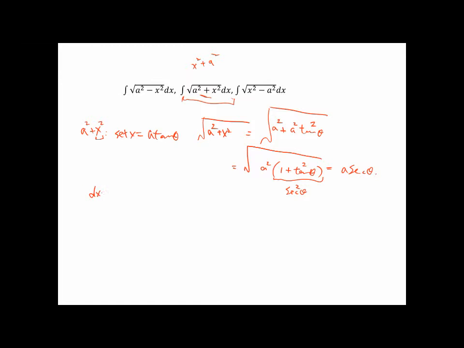And also dx, since you already set x equals a tangent theta, dx is a secant theta squared d theta, the derivative of tangent theta. Sometimes there is no square root in the problem. Say for example you have the integration of a squared plus x squared, and of course they're going to be powered, for example to 2, or divided by something, or multiplied by something outside, numbers or functions.